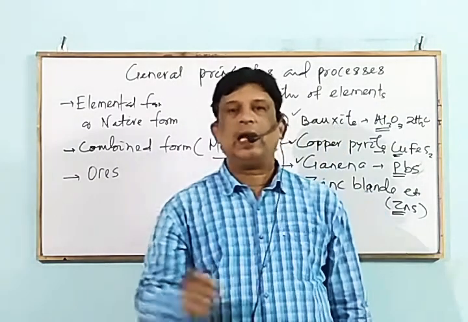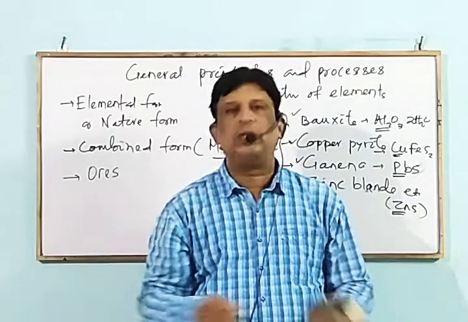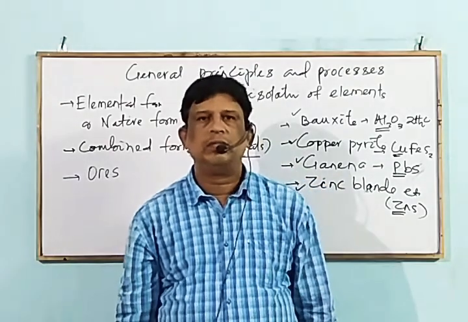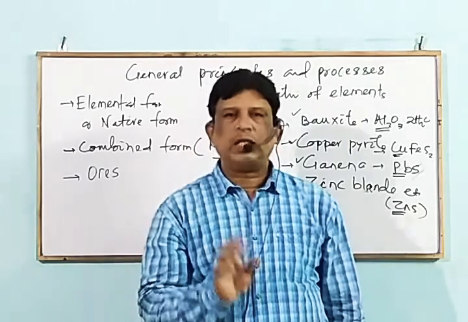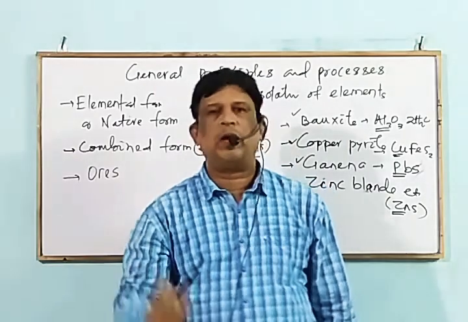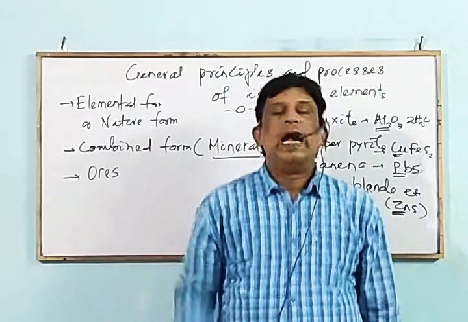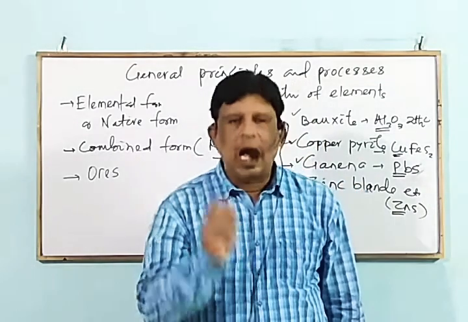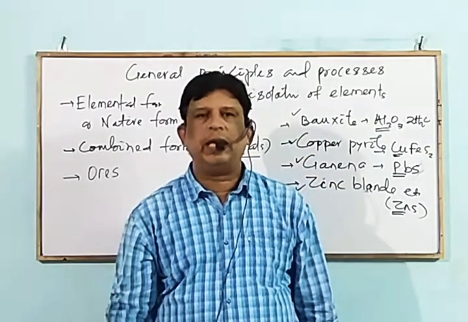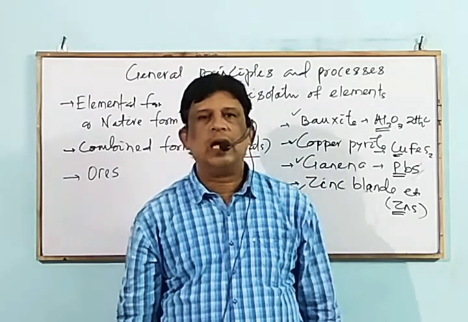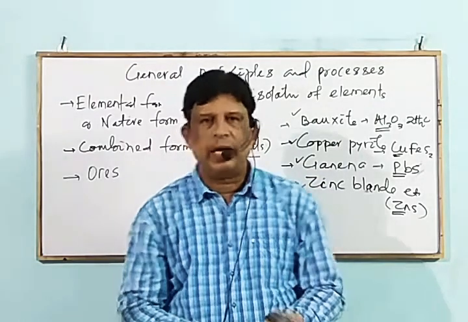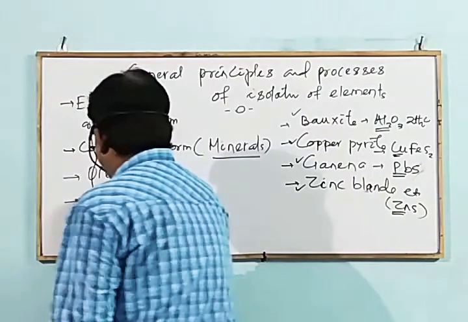The metals which are found in our earth crust, in maximum cases, are not in free form but in combined form. They combine with some earthy and siliceous impurities known as gangue or matrix.